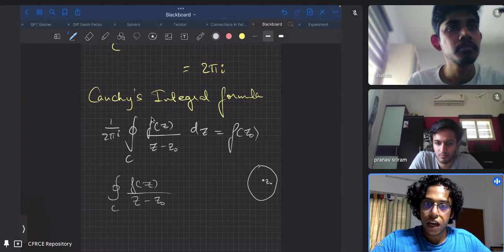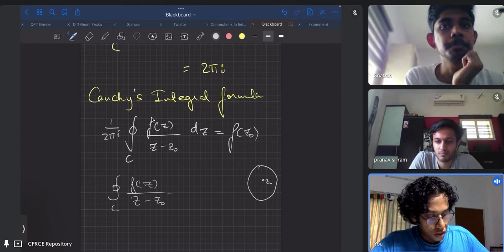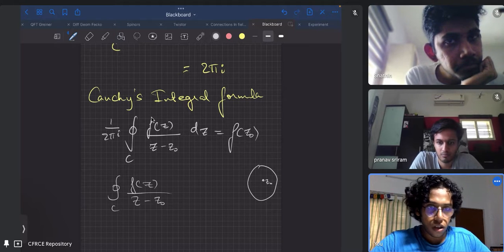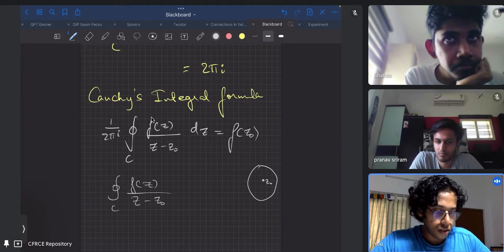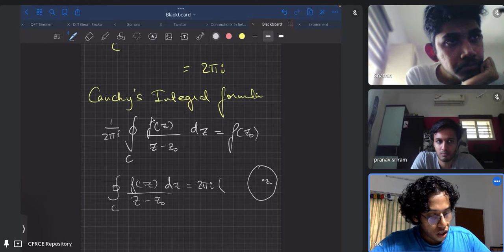Note that at z naught there is a singularity, because 1 by z minus z naught is equal to infinity. So you have a singularity. So when you shift things around, you have 2 pi i f of z naught.